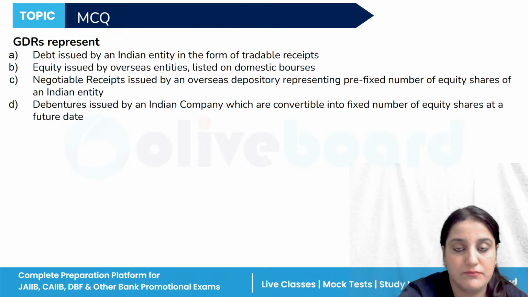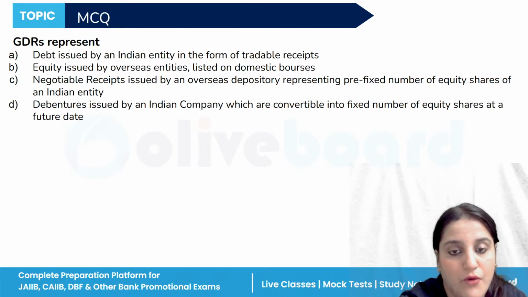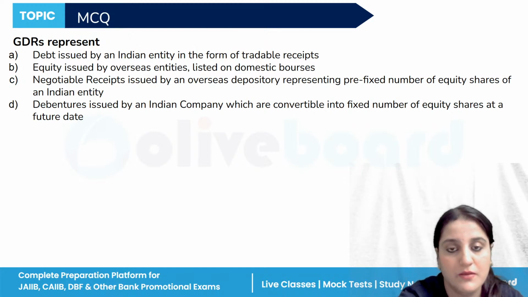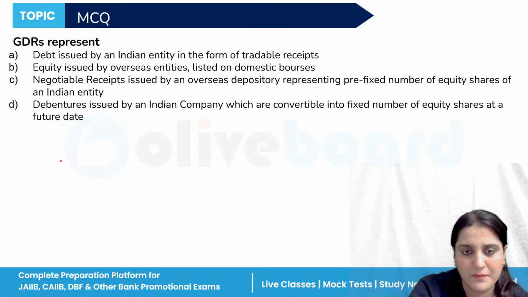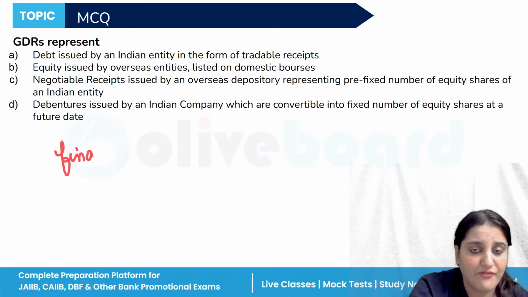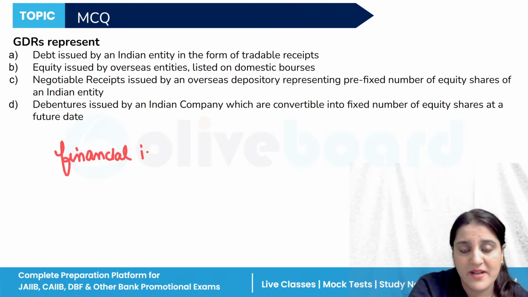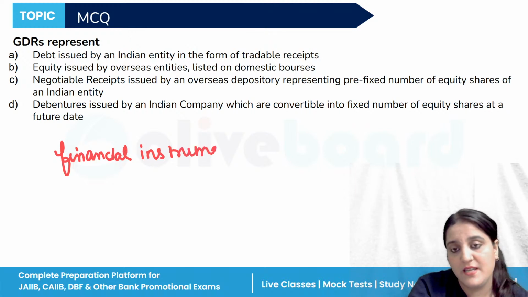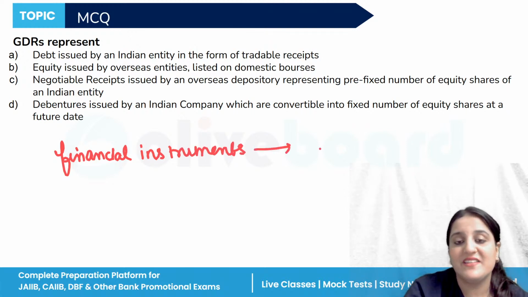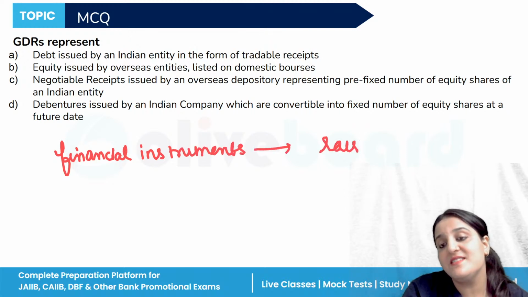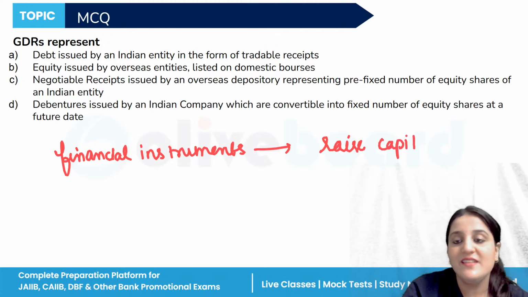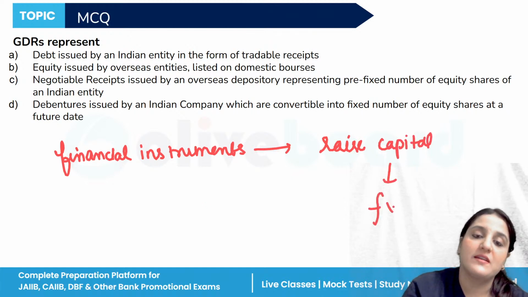GDRs. What are GDRs? Global Depository Receipts. These are a type of financial instrument which is used by companies to raise capital in foreign markets.